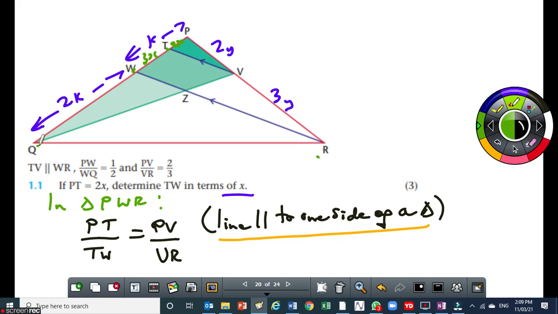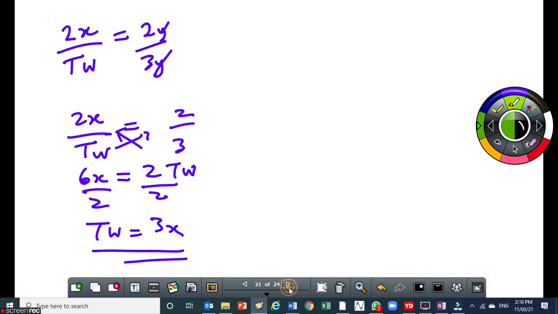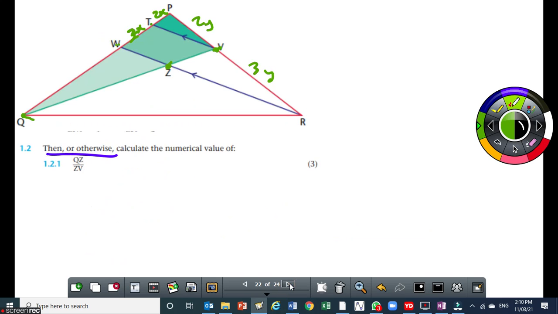Now, for me to be able to do that, I hope you can agree with me that I can write the length of WT in terms of k and the length of TP in terms of k. So let me go back to the diagram, then I'll show you.